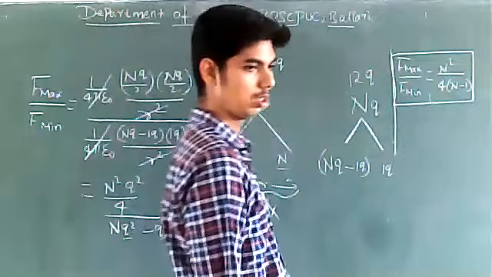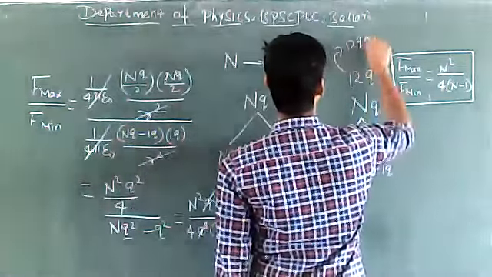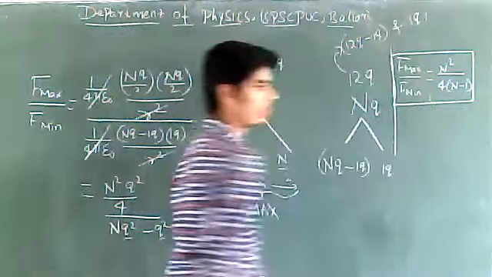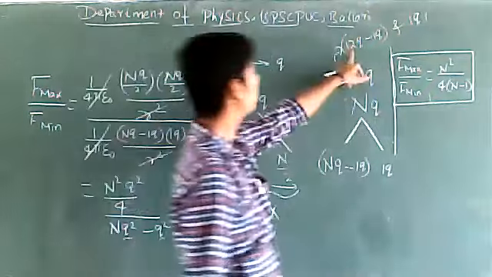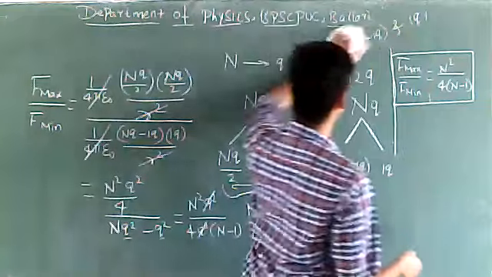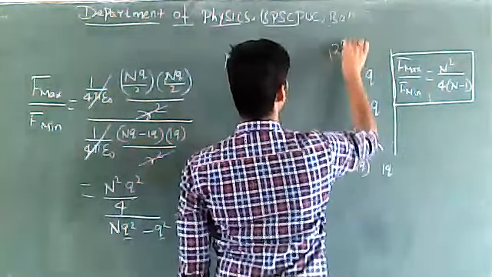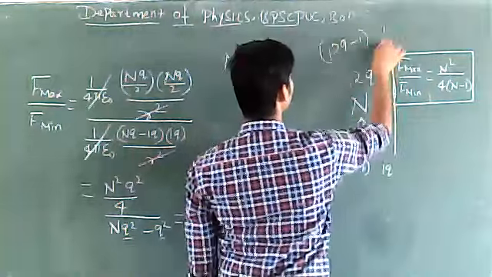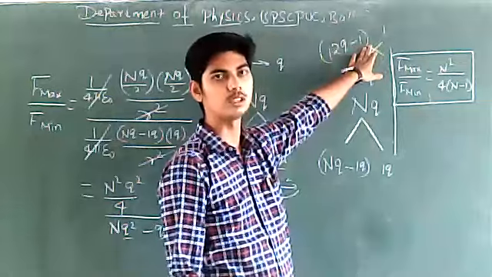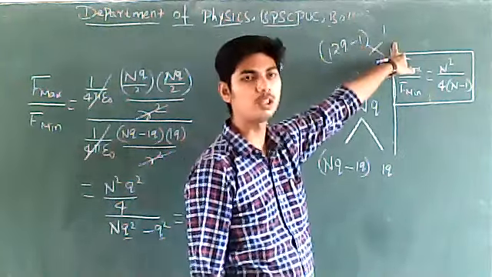So 12q must be divided as 12q minus 1q and 1q, that is 11q and 1q. If you do it like 12q minus 1 and 1, it is just meaningless. What is 12q minus 1? You cannot do this. 12q minus 1q and 1q is to be done.